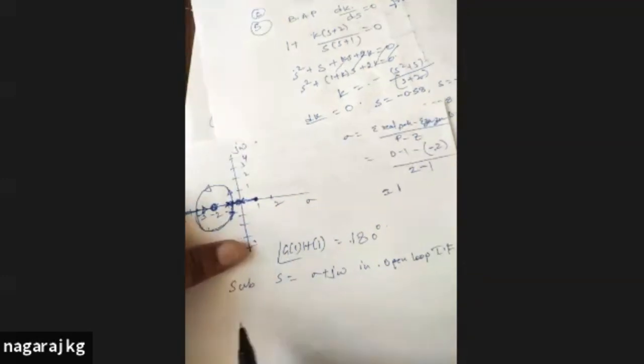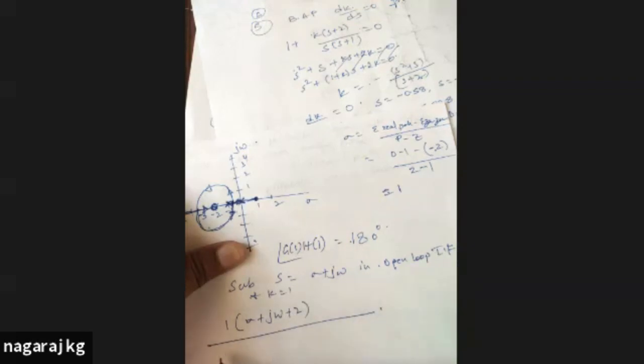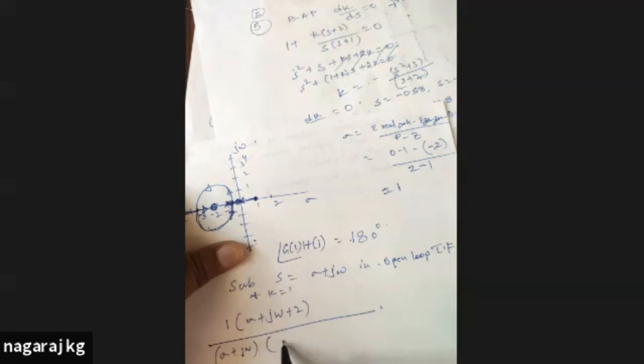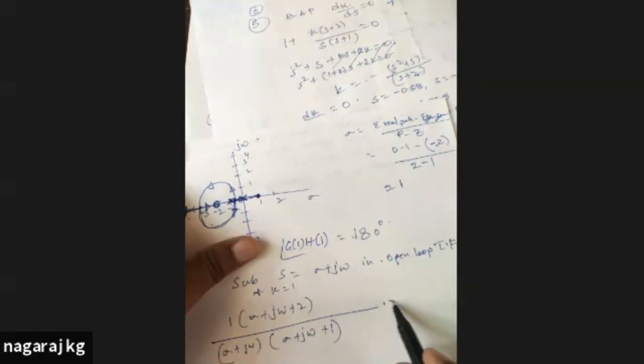So wherever you have s, you substitute sigma plus j omega, with K equal to 1: (sigma plus j omega plus 2) divided by (sigma plus j omega)(sigma plus j omega plus 1). And the angle of this must equal 180 degrees.